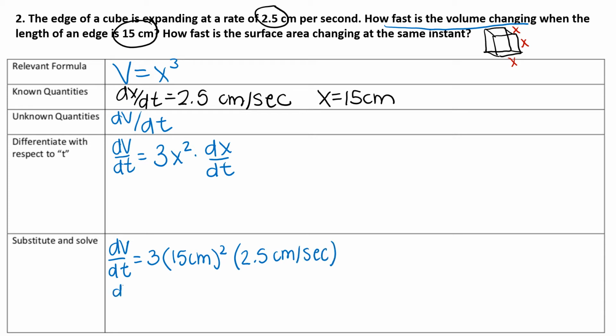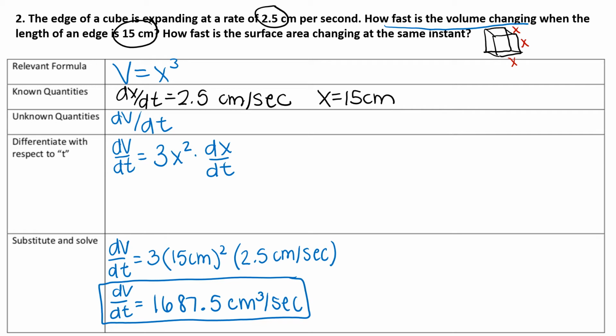Simplifying, we get dV/dt equals 3 times 15 squared times 2.5, which is equal to 1,687.5 centimeters cubed per second.